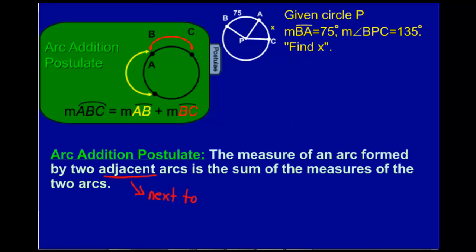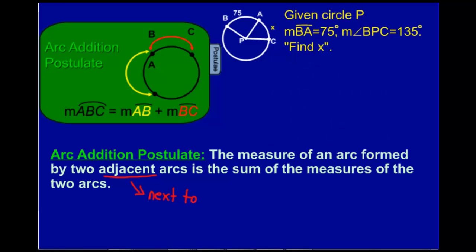Like, the person sitting next to you is adjacent, or your neighbor is adjacent to your house if they live next to you. And so in the arc addition postulate, when you add those two together, they equal the sum of those.